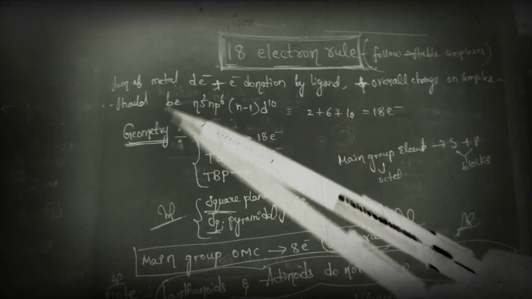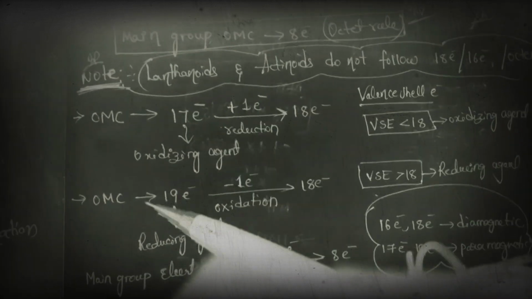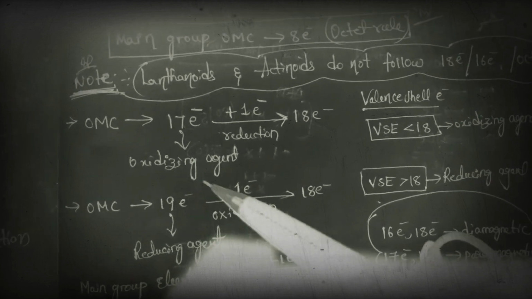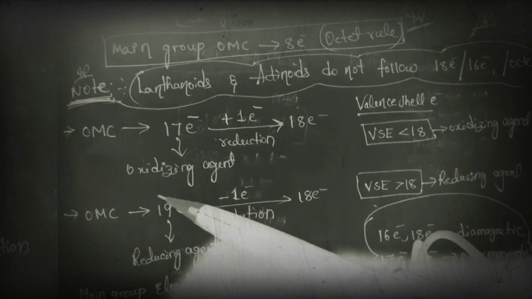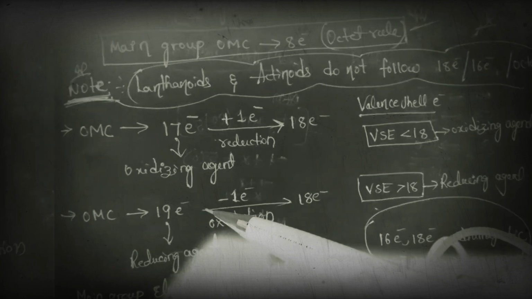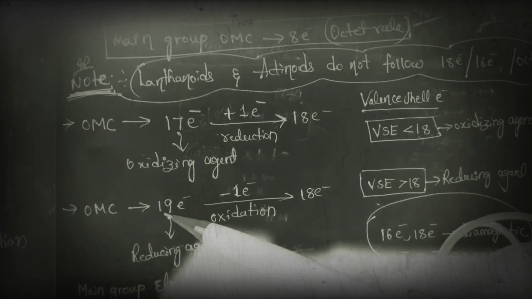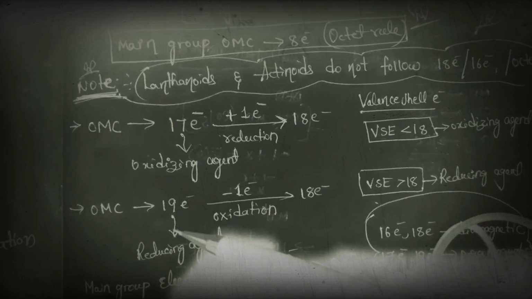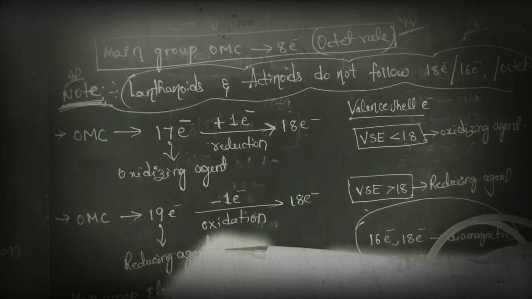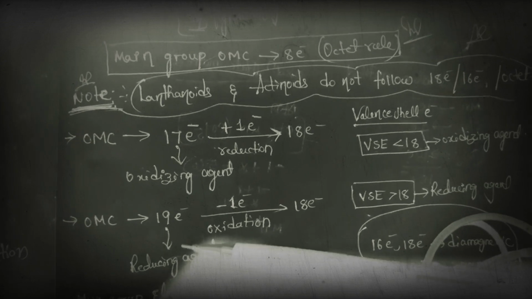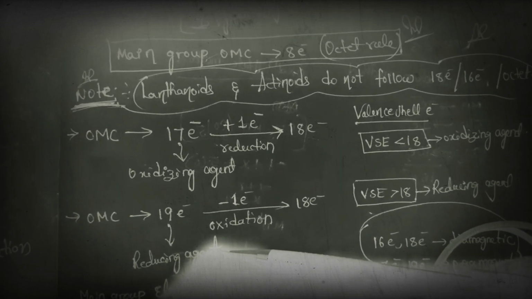Next, if they have given an organometallic complex, we definitely find the number of electrons. If we got 19 electrons, we know that for stability it requires only 18 electrons, no? So here it will lose one electron. Losing electrons means it is oxidizing itself, since loss of electrons is oxidation.